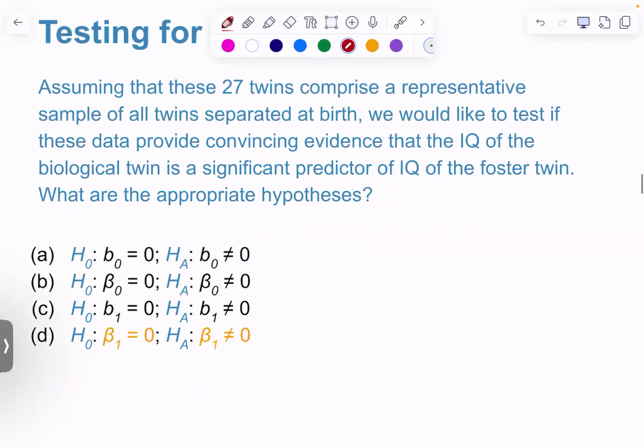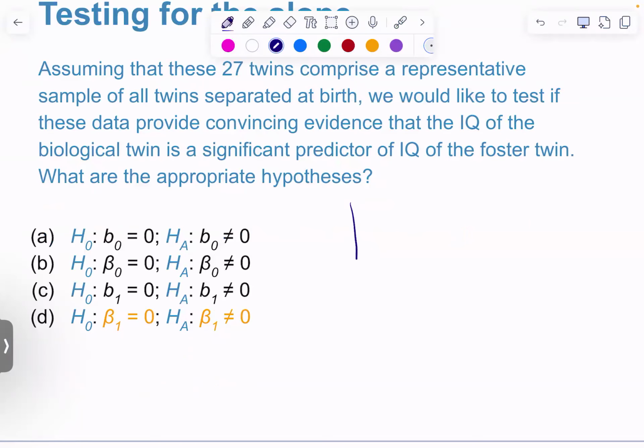And so what that stems from is if you have no relationship like this, right? Or let's see here, the bio IQ is on the x-axis and the foster IQ is on the y-axis.